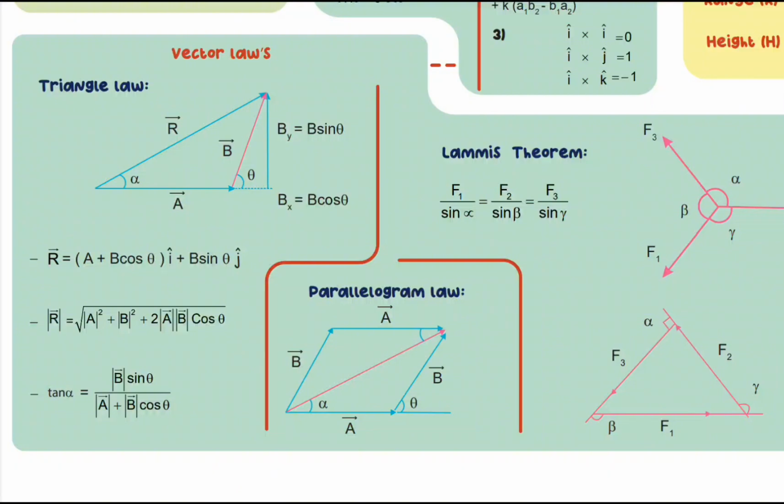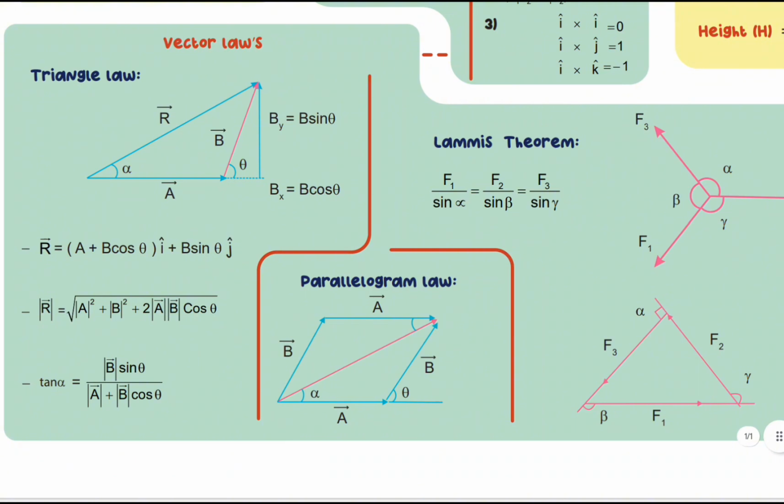So resultant equal to (A plus B cos theta) i cap plus B sin theta j cap. Resultant vector magnitude equal to root of A square plus B square plus 2AB cos theta. This equation is used to find the magnitude only. And for the direction, tan alpha is equal to B sin theta divided by A plus B cos theta.